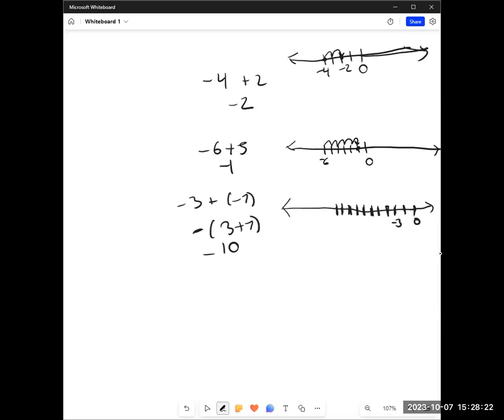I'm going to start at -3 here. I'm going to move 7 in the negative direction. Oops, I started in the wrong place. -3. 1, 2, 3, 4, 5, 6, 7 will end me at -10.